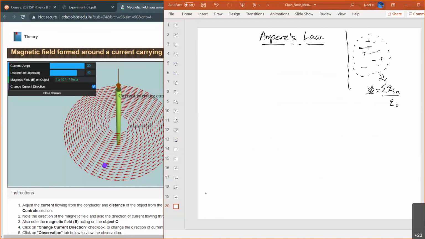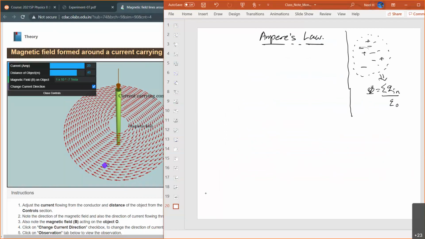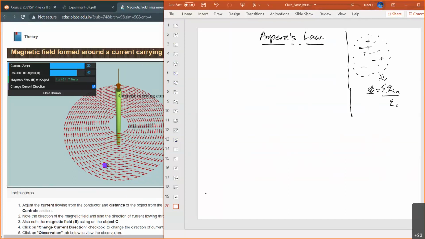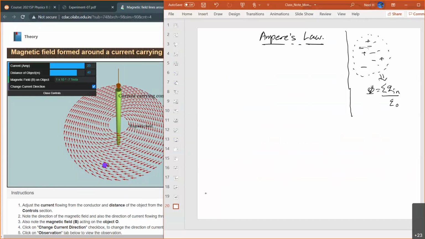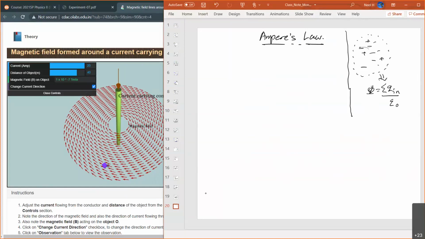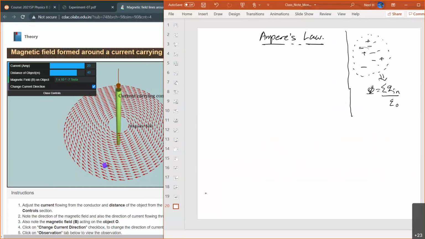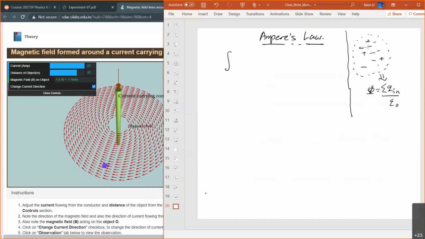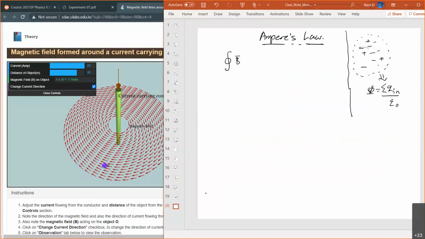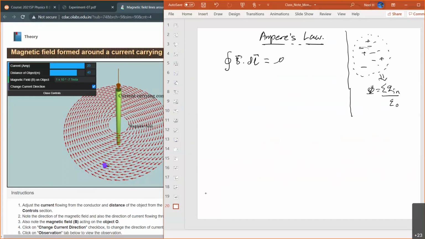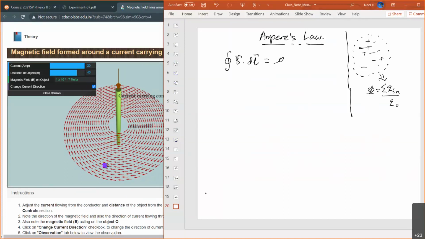The similar law, figured out by Ampere for magnetism, works no matter how the current lines are aligned or how many there are. The integral of B dot dl, which equals mu 0 times I enclosed, I inside.